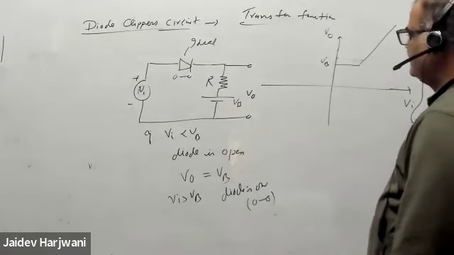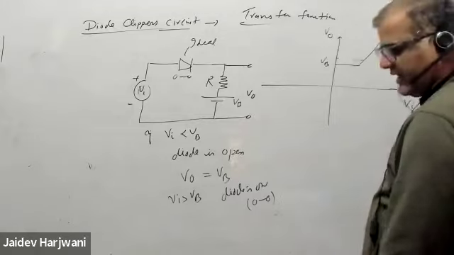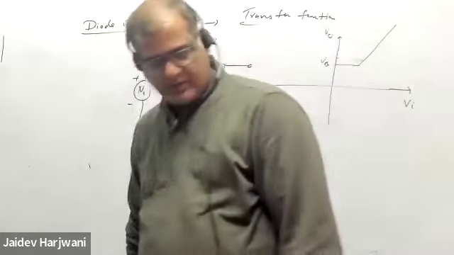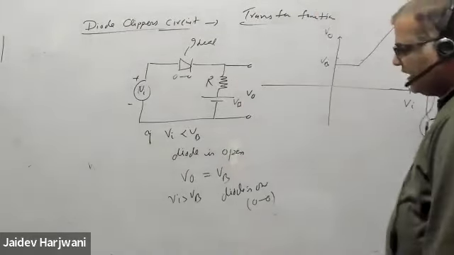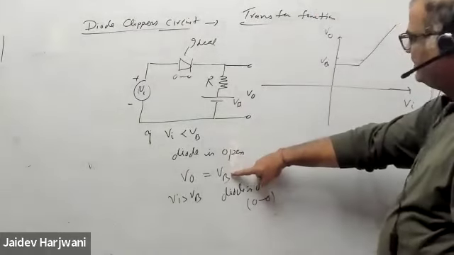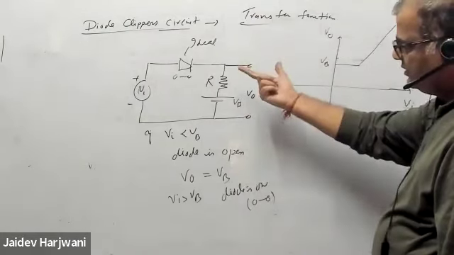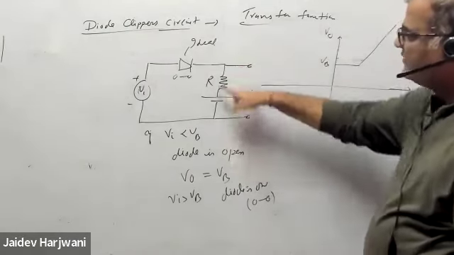Same happens for the negative case. Negative case, how can you draw? Tell me. For the negative case, diode is always open. Already it is making negative, it's open.